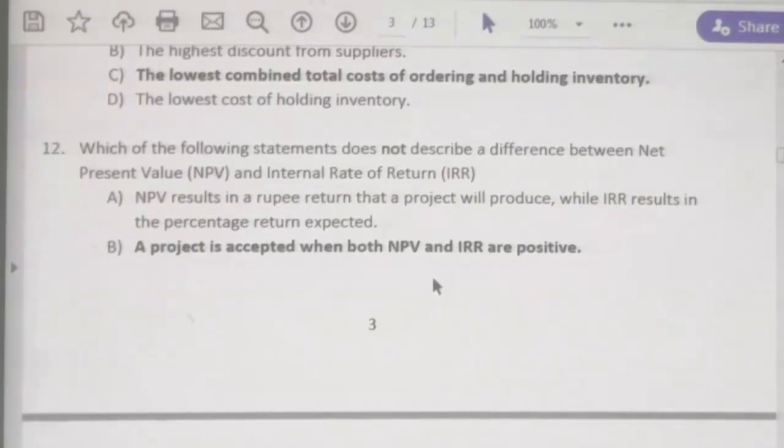Therefore, when your project cost of capital is less than the IRR, you will accept the project. Clear? Therefore, the answer is B, because answer B is incorrect when describing the difference between NPV and IRR.